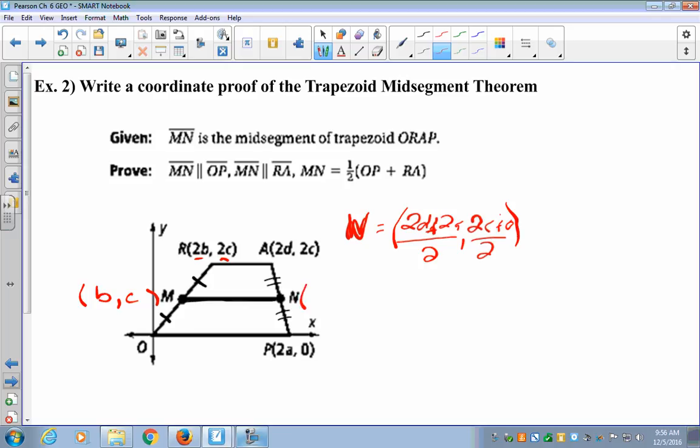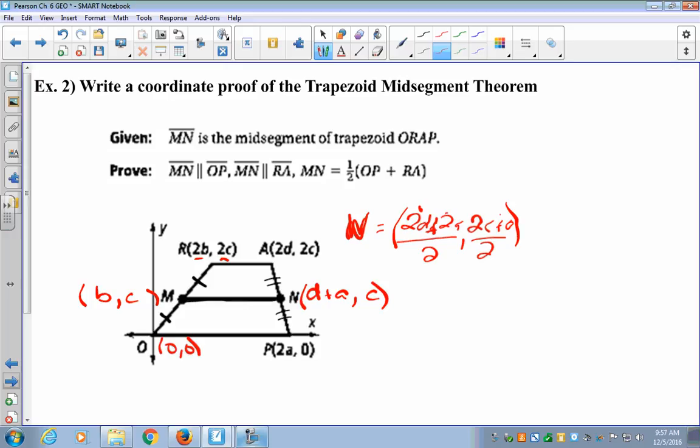So the coordinates for N, once again, if I want to divide these two items by 2, I have to do it individually. Anything that's got a fraction on it, each term in there gets that fraction. So the coordinates for N are D plus A, comma, C. And we know the coordinates for the origin, right?